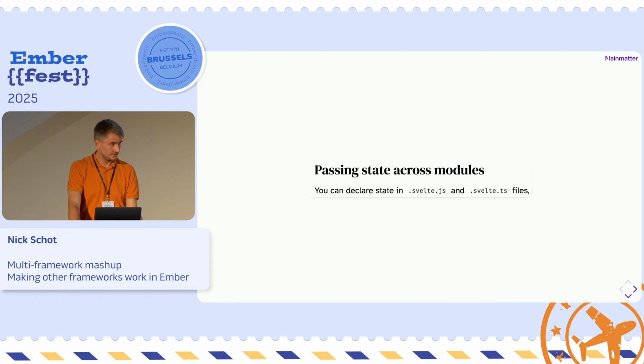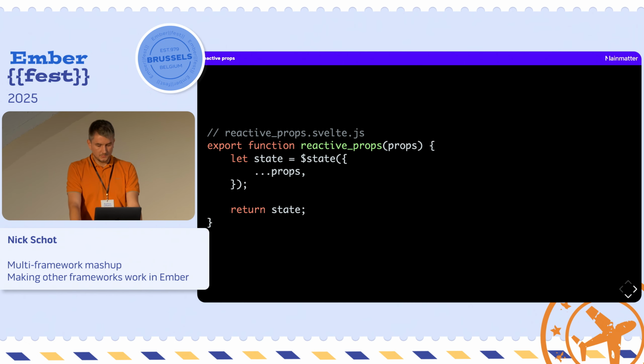So there's another snippet of information that's relevant here, and that is that you can declare state in .svelte.js files and pass it across modules, which is effectively what we need to do as well. So we'll create a reactive props.svelte.js file with a reactive props function, and put the $state rune in there and throw in the props. This basically gives us kind of a boxed reactivity.